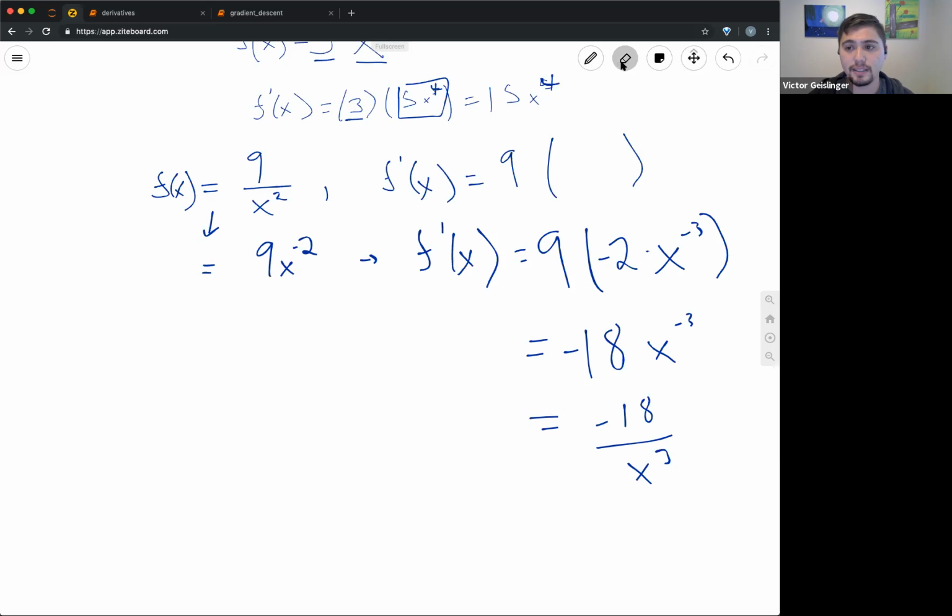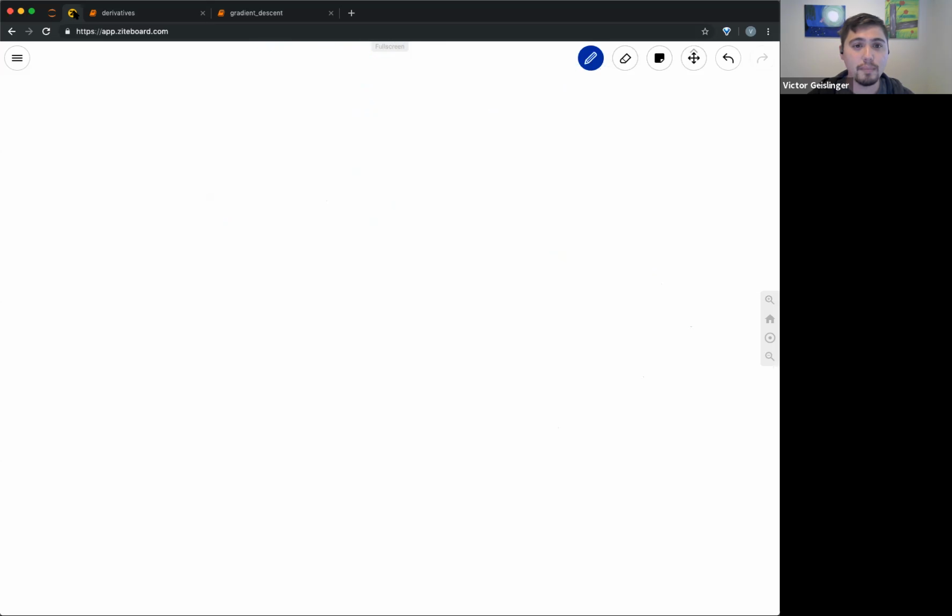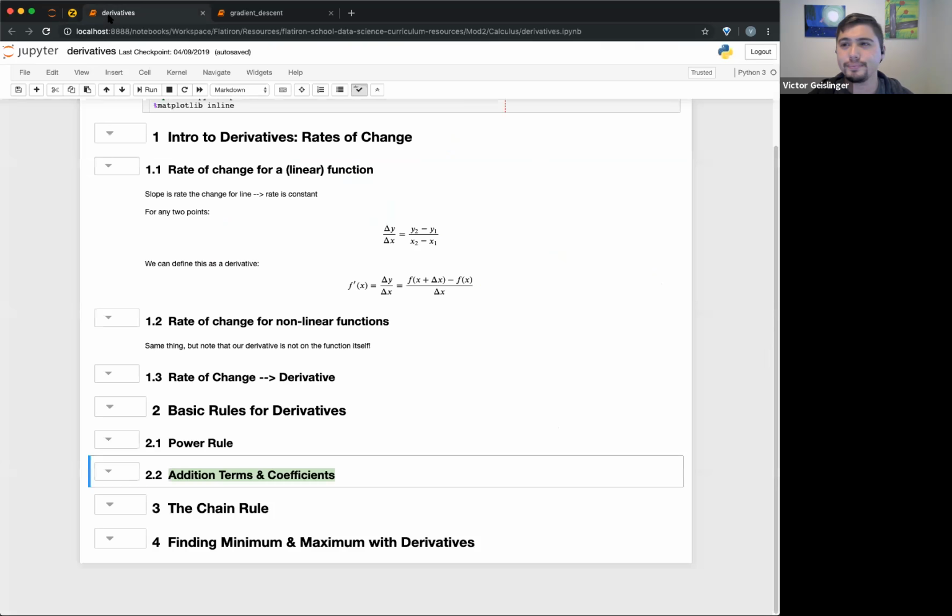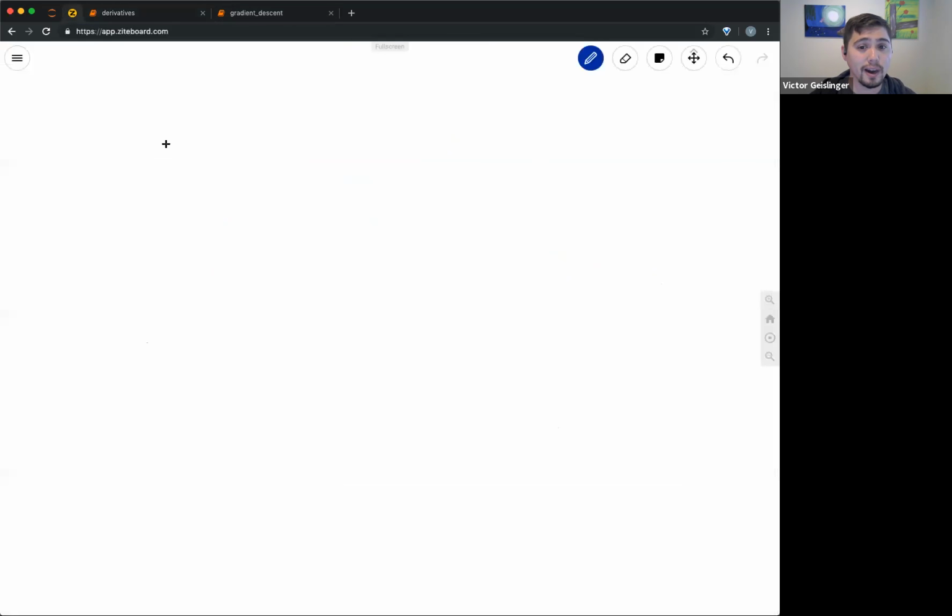The next part ends up being the chain rule, which I'm going to go through really quickly, because I don't think it's necessary for us to really harp on what the chain rule is. But just know that you can combine parts. Let's do something really simple first.